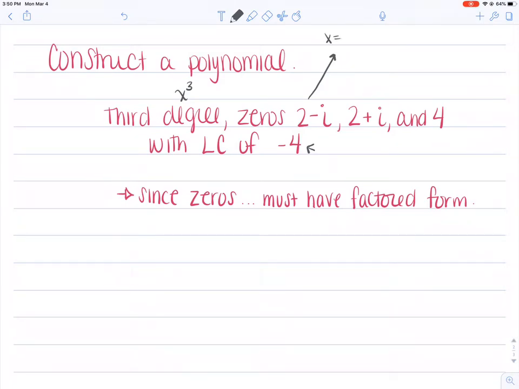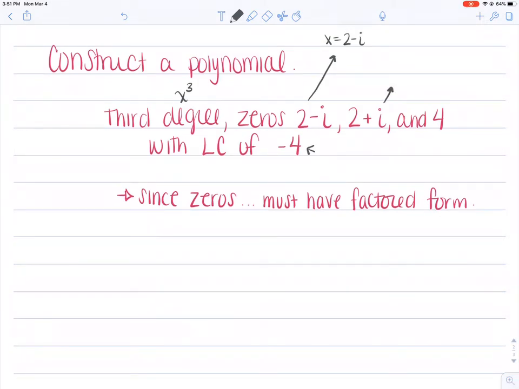Well, these zeros are going to tell me how to set up the factored version. So a zero means that x, when I solved it, was 2 minus i. This one said x equals 2 plus i. If I want to get those equal to 0 so that I can put it in the factored form, I'm just going to be reversing the signs, moving everything over to the left.